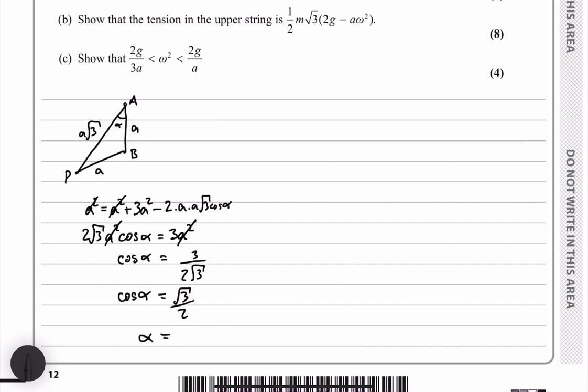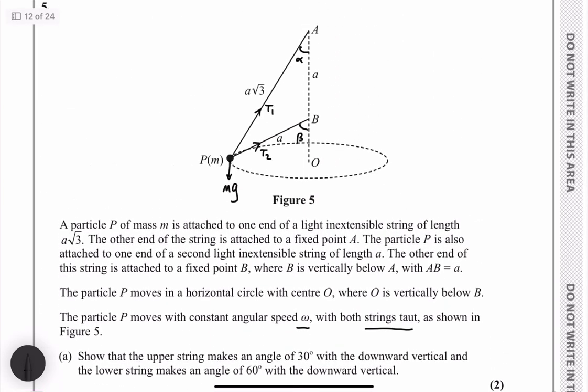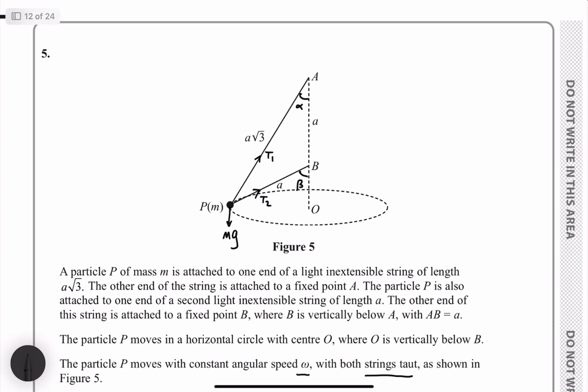Alpha then is the inverse cosine of root 3 over 2, which is indeed 30 degrees. So we've got 30 degrees for alpha. Now what I would do is I would not do all of that again, because if I sketch out a second little diagram here, this is 30, we know that now for sure.